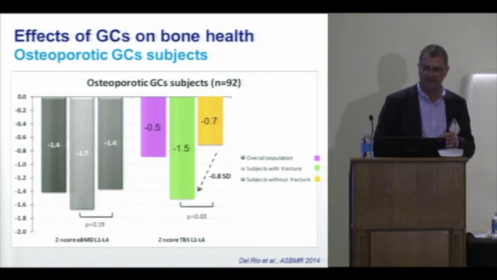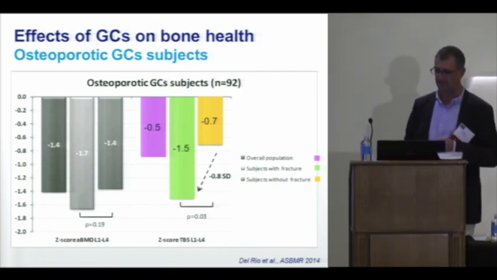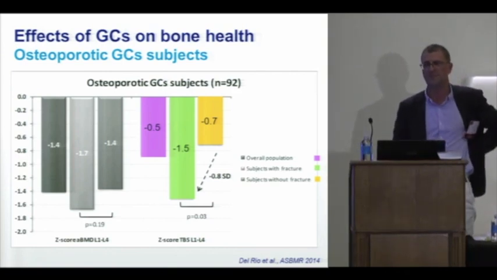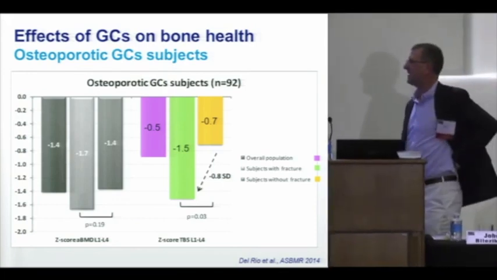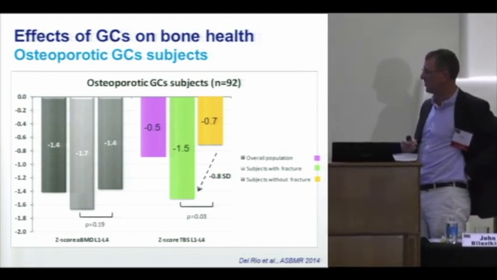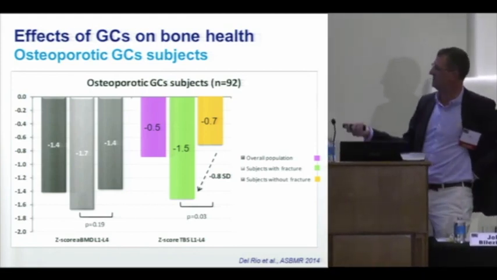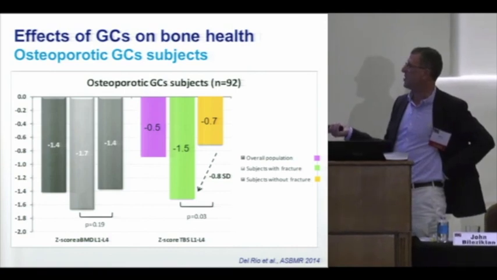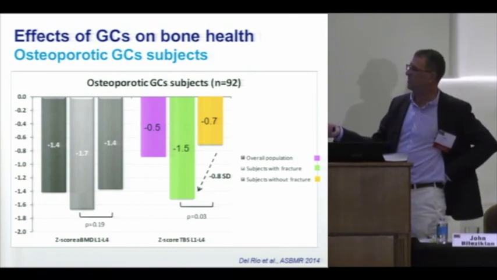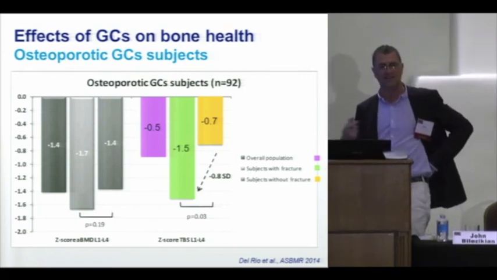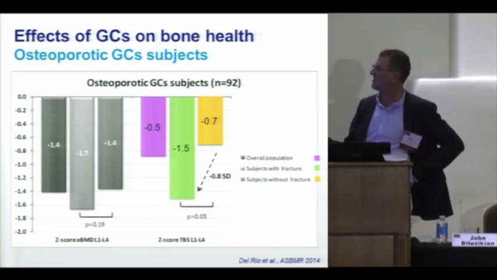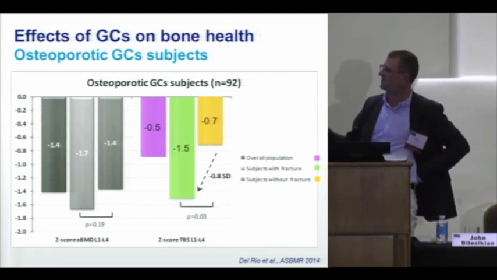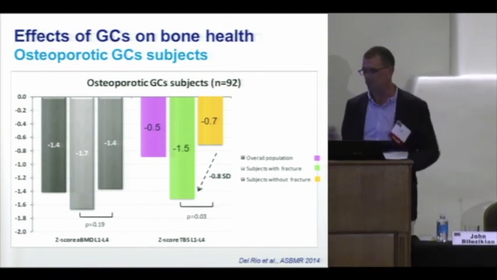First is a study which will be presented at the ASBMR by a Spanish group. They have patients with glucocorticoid, and they compare patients with fracture or without fracture for BMD, and you don't see a significant difference between fracture and non-fracture in glucocorticoid patients with spine BMD, but you see quite a large effect between patients without fracture and patients with fracture with TBS.